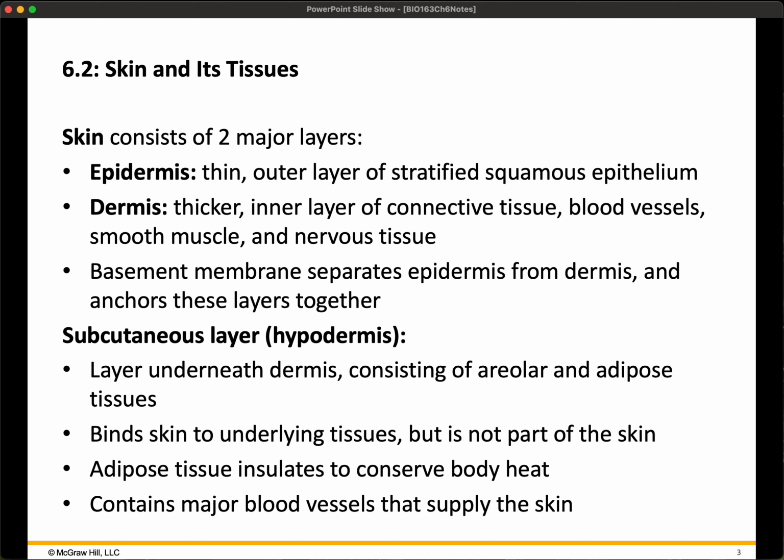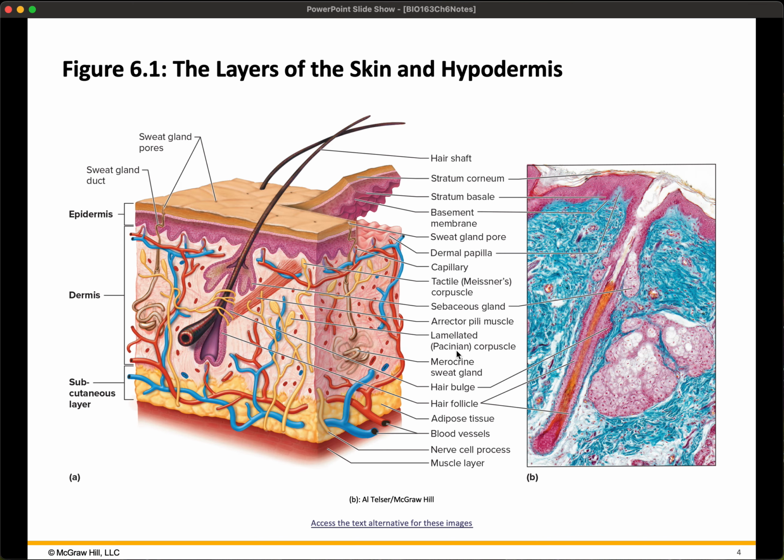So it's not so tightly anchored that the skin can't move and stretch a little bit. The subcutaneous layer also has larger blood vessels supplying the skin. In your dermis, you get a lot of smaller blood vessels and capillary beds, and so any cuts that go down into the hypodermis tend to bleed pretty strongly.